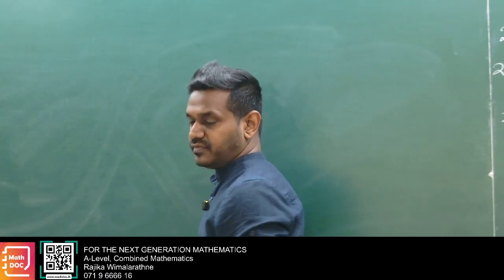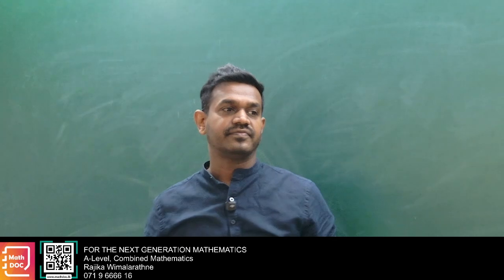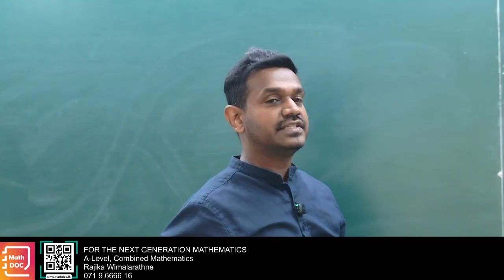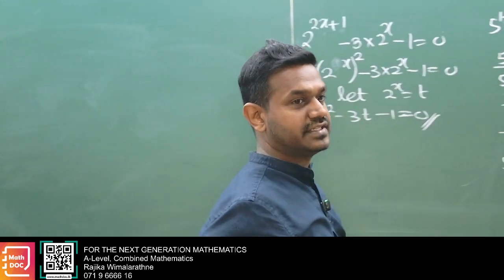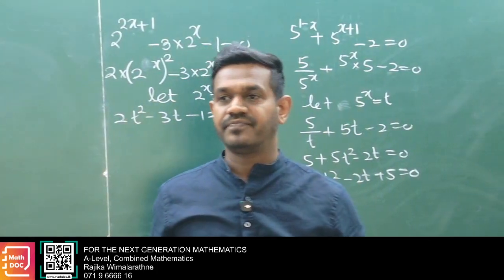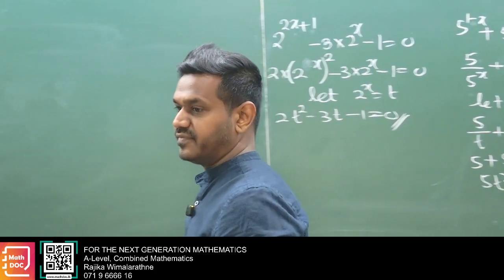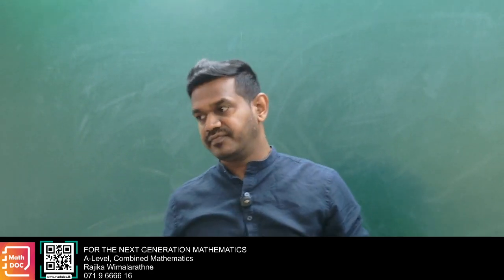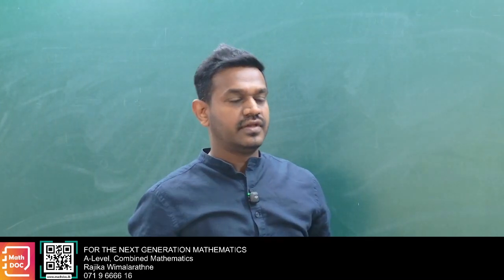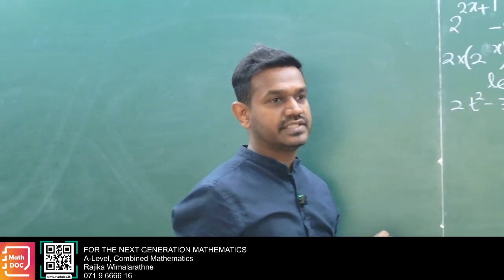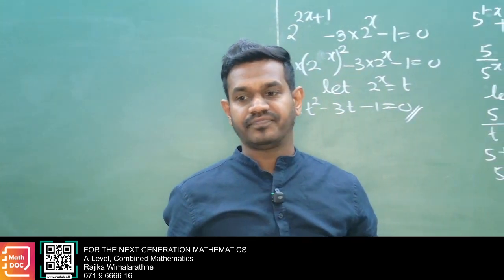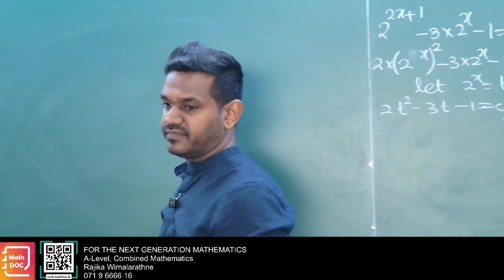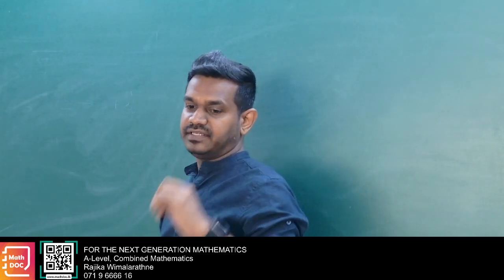Usually a quadratic equation has two solutions. Those solutions can be, first one, real.